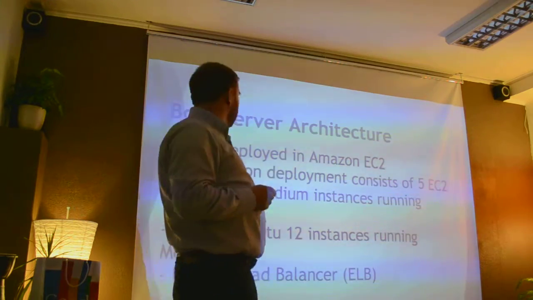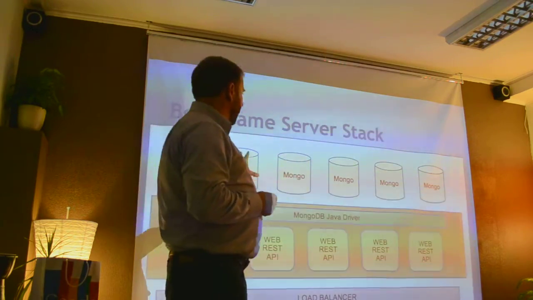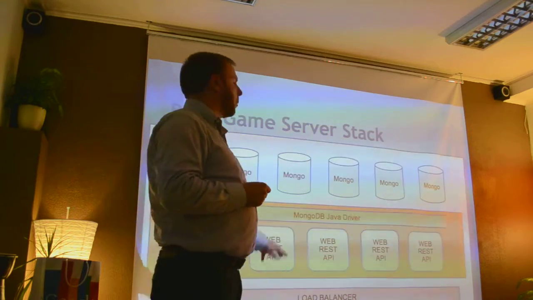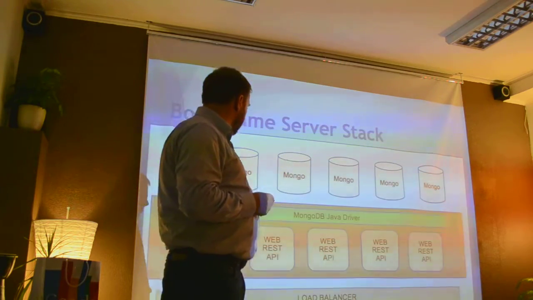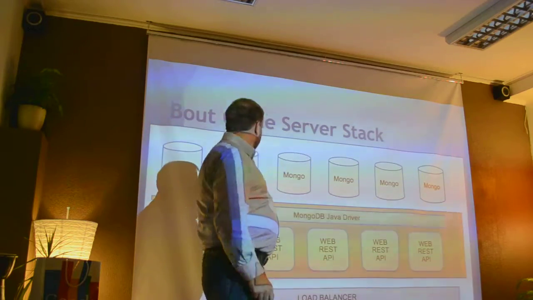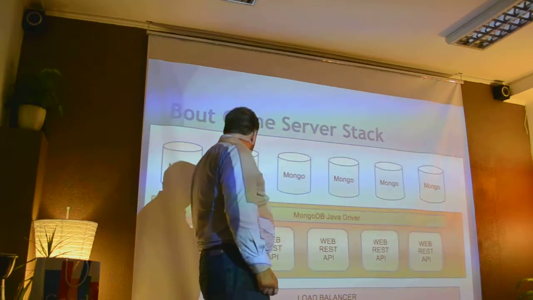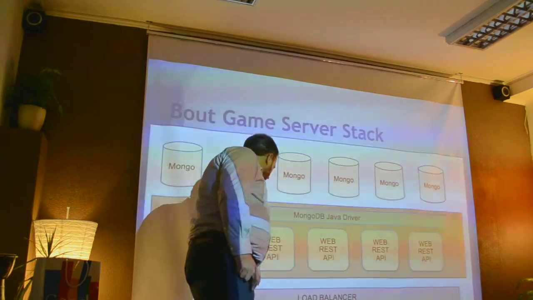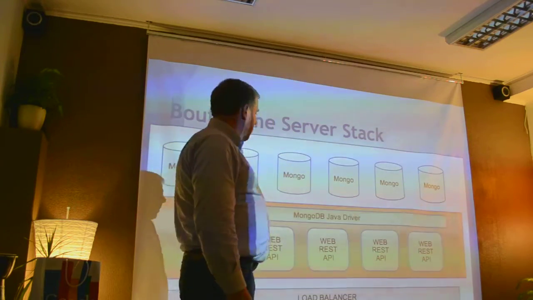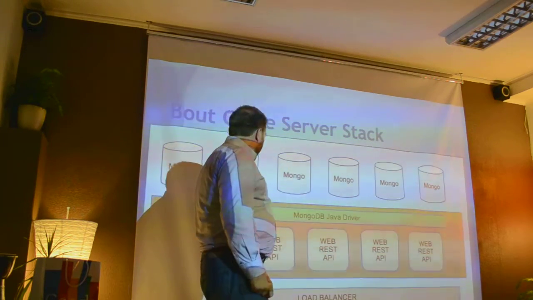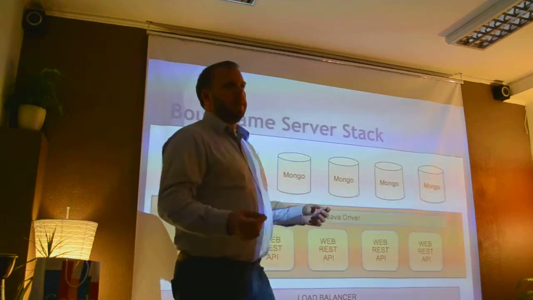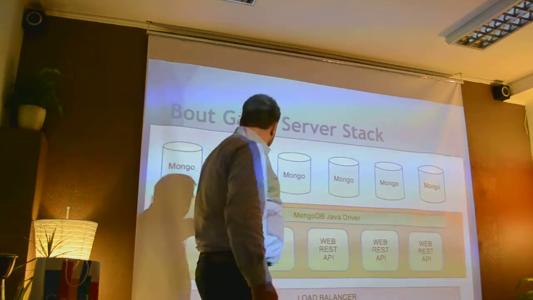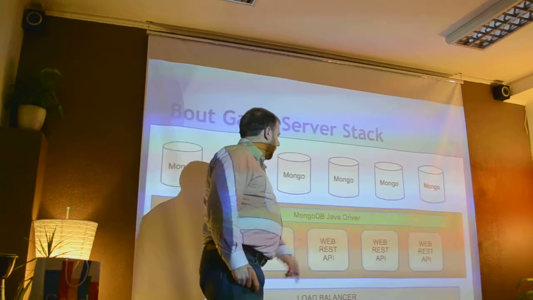If you jump to the next slide, here's a nice picture of what the Bout server stack looks like. Here you've got your Mongo instances, your web instances, the Elastic Load Balancer, and your clients along the bottom. I pulled out this MongoDB driver as a separate looking component, but it actually lives inside each of your web instances.